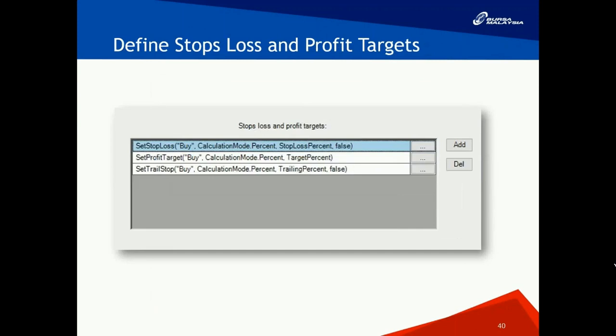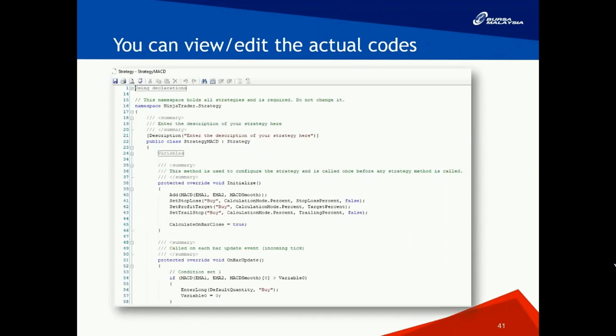Okay, from there you have a choice to view your code or compile your strategy. So once you compile your strategy, you can also go back and change your strategy parameters just to fine tune. But at the same time, you can also look at the code. If you're good in programming language, you can go into the code and manually edit or fine tune.